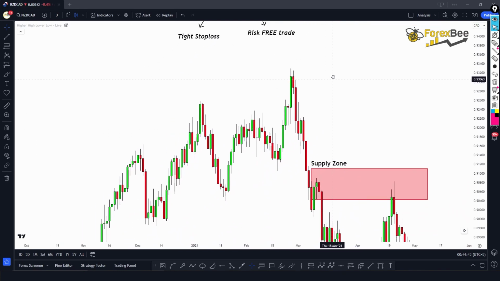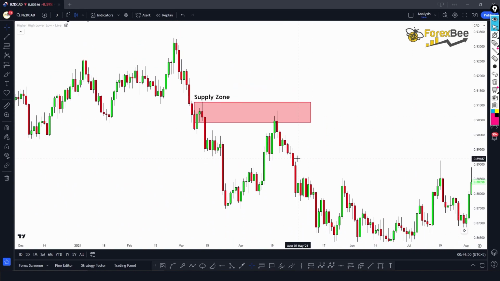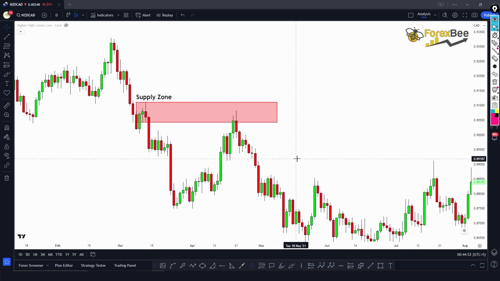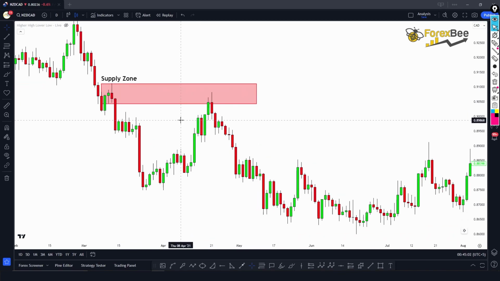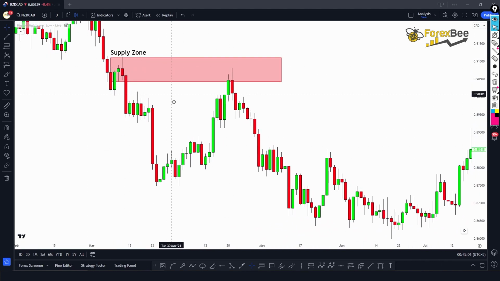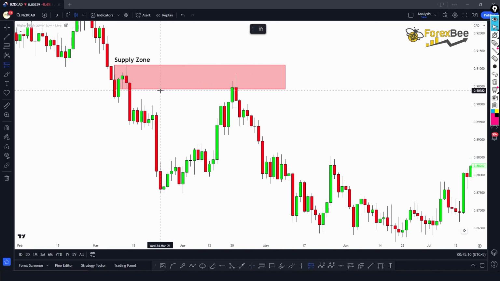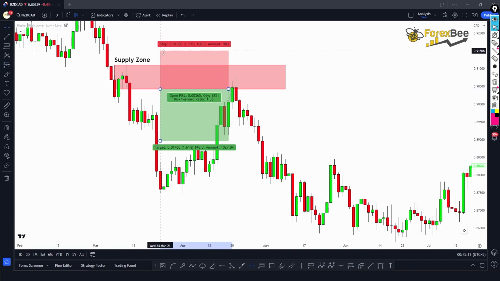So now let's go to a chart. Supply and demand zones are tools that allow you to take those high risk to reward ratio trades. For example, here we can see the formation of this rally, base and drop supply zone, in which the supply zone is drawn around these base candles. As soon as the supply zone forms, we would have put our pending sell orders, because institutions would be executing their sell orders here.